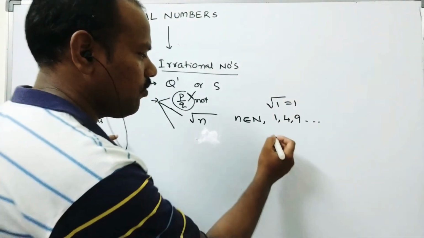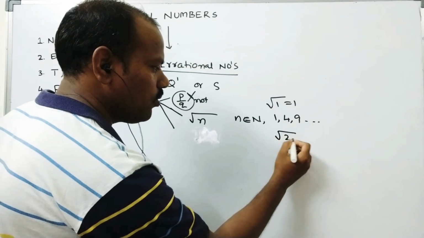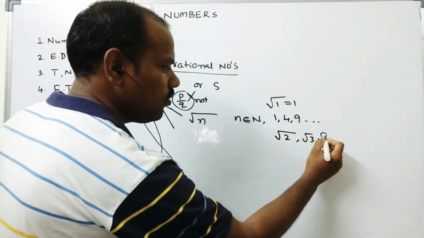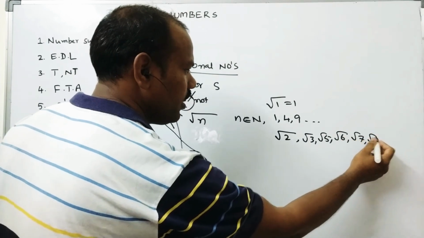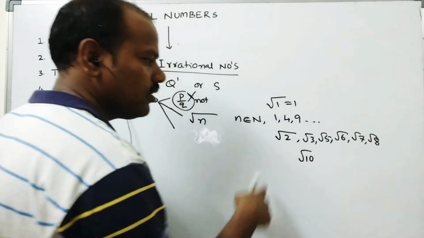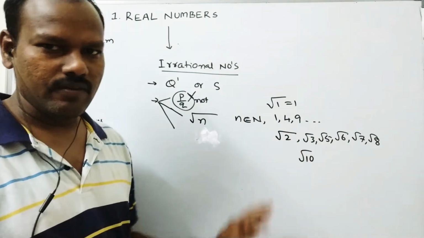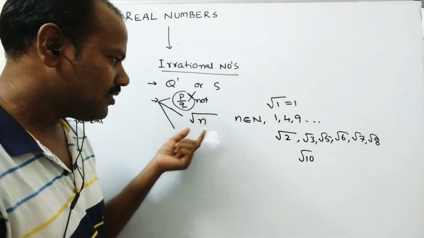But irrational numbers are root 2, root 3, root 5, root 6, root 7, root 8, root 10. These are the irrational numbers up to 10. That is the second definition.